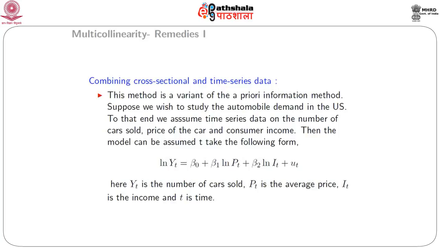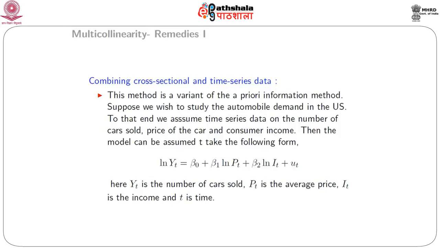Now, suppose we wish to study the automobile demand in the US. To that end, we assume time series data on the number of cars sold, the price of the car and consumer income. Then the model can be assumed to take the following form.